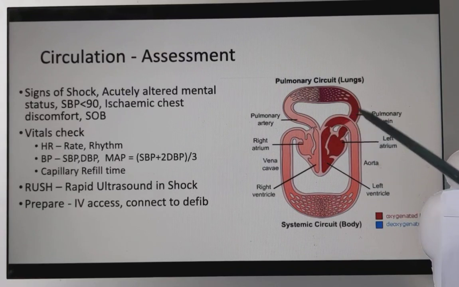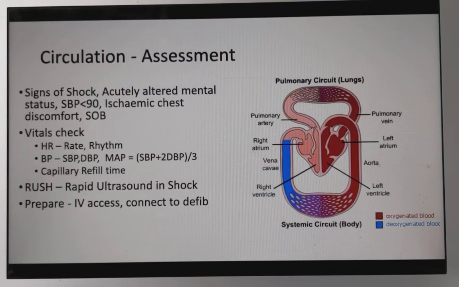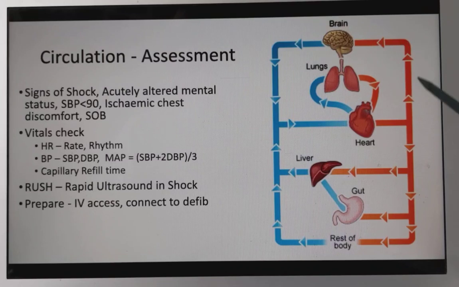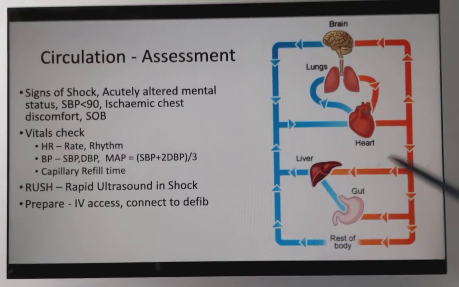Understanding this circuit is very important, because for a person to remain alive, this circulation between the heart, the lungs and the brain is absolutely essential. Of course, the remaining organs are also critically important, but this is most essential, and then it comes to the remaining parts.